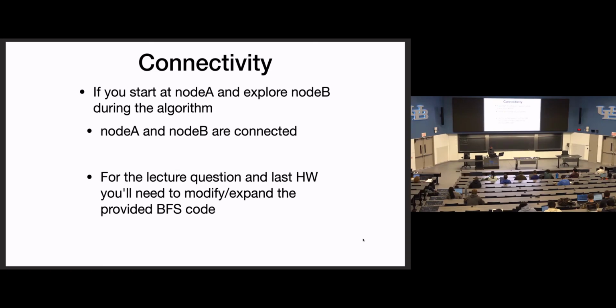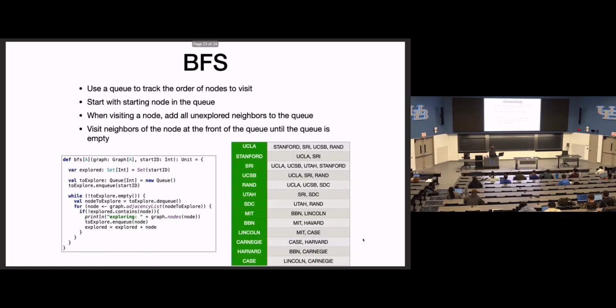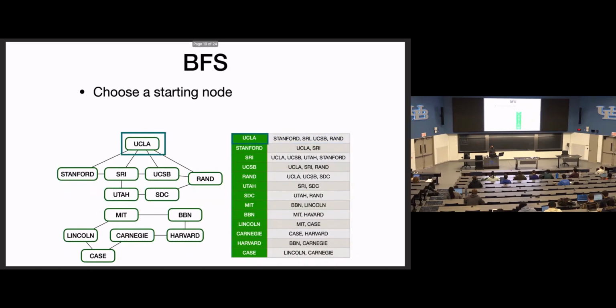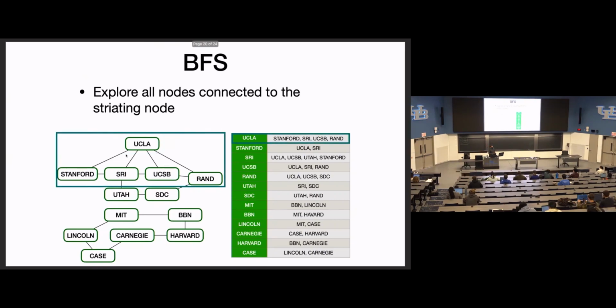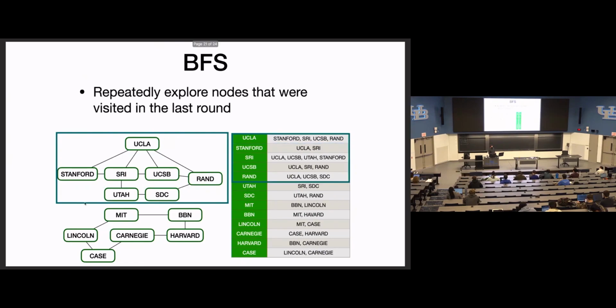How is DFS different from BFS? So BFS, it's hard to explain, but it's kind of got a breadth to the search. You're expanding through this graph in a very wide way.